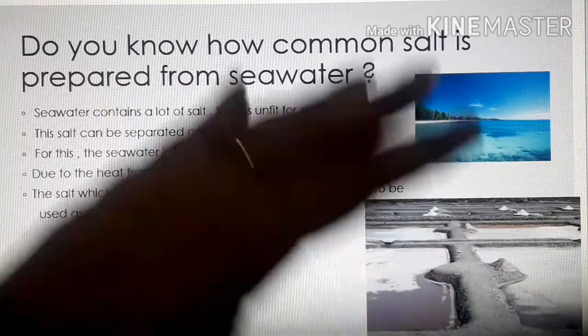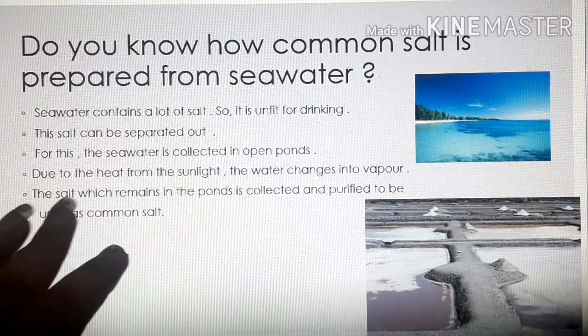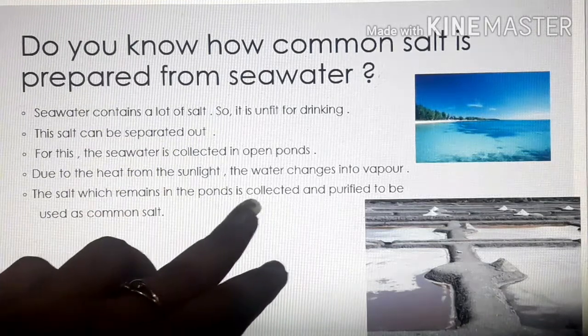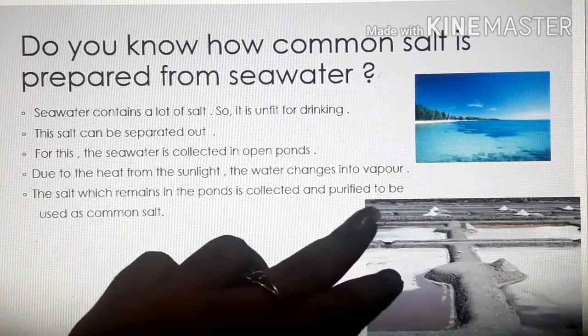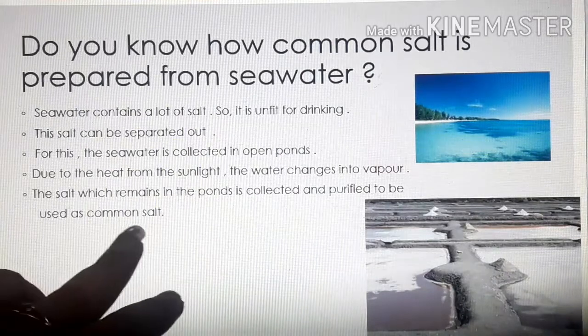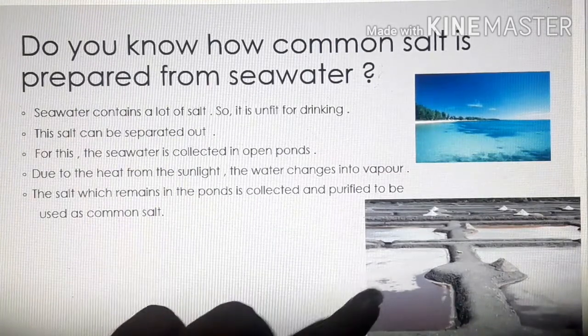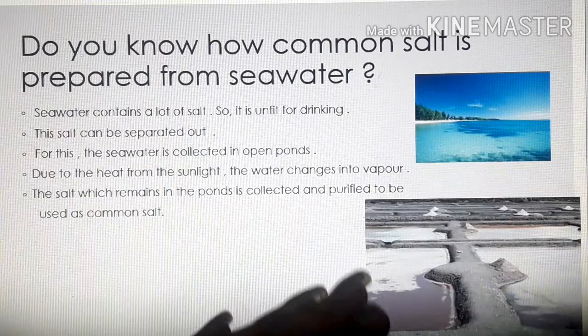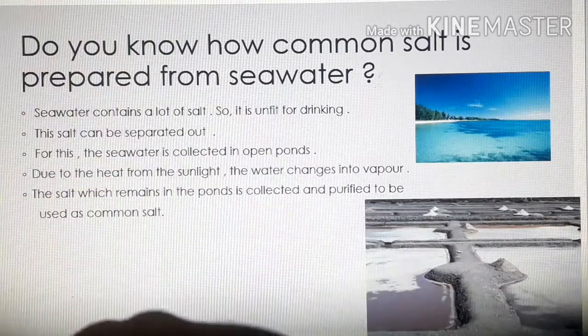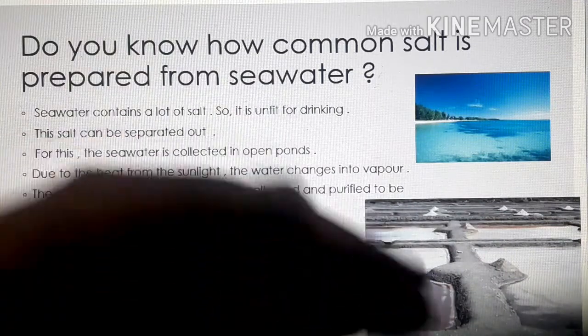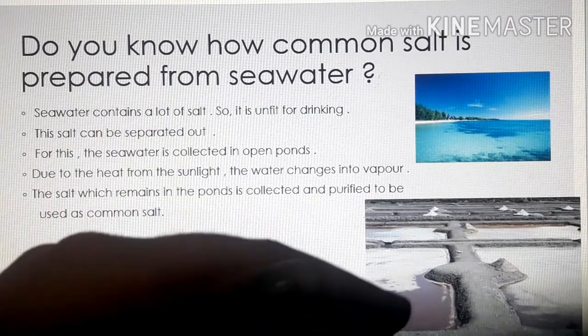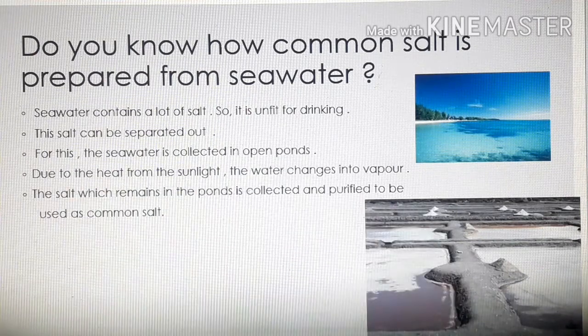Then the salt which remains in the pond is collected and purified to be used as common salt. That salt we don't have directly, children. That salt goes for purification. It is purified, filtered, and then it is used as common salt.